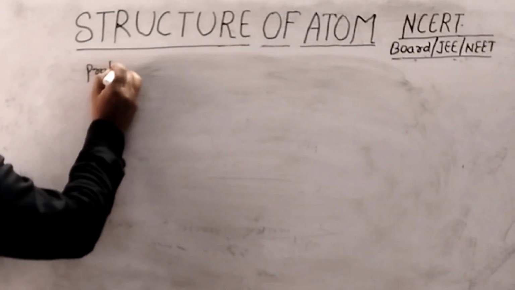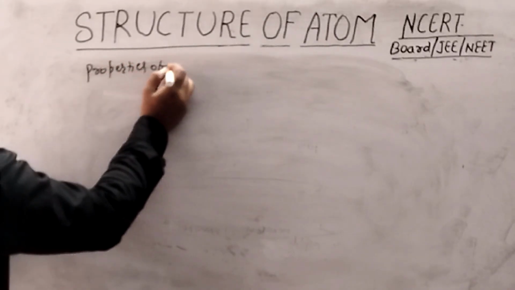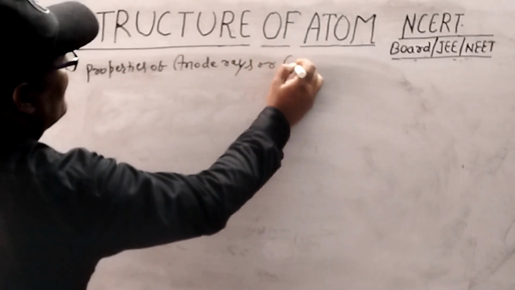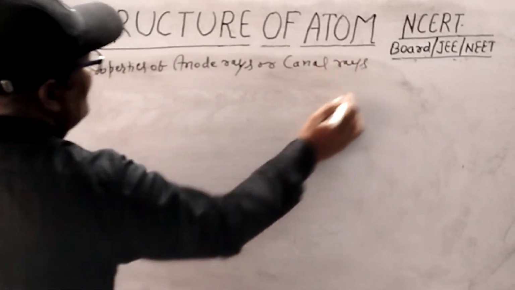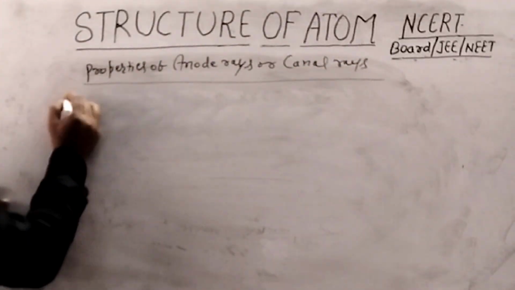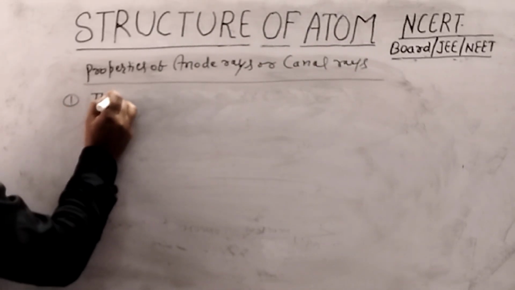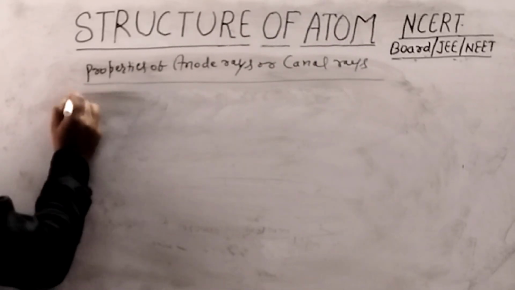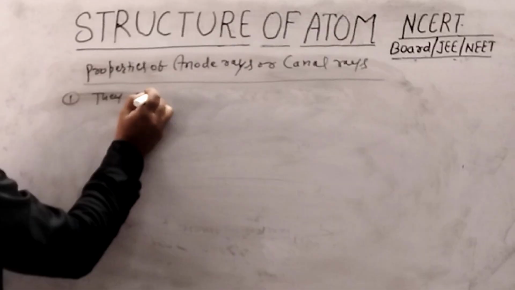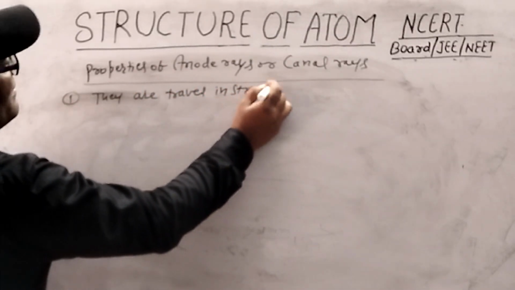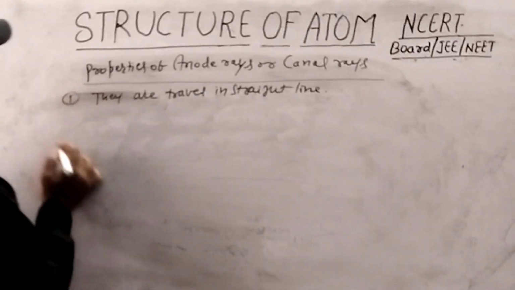Now we will discuss the properties of anode rays or canal rays. The first point is they travel in a straight line.